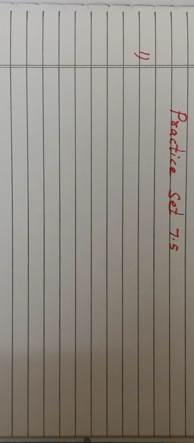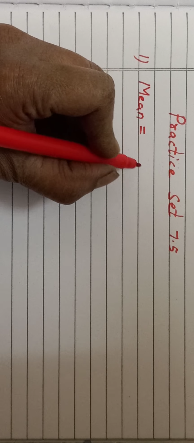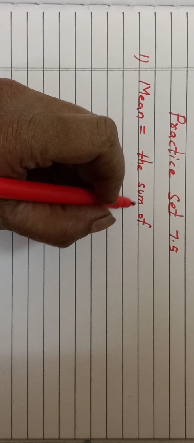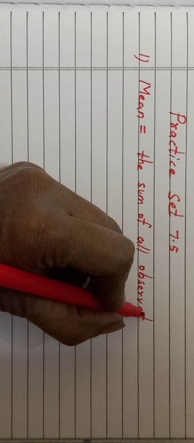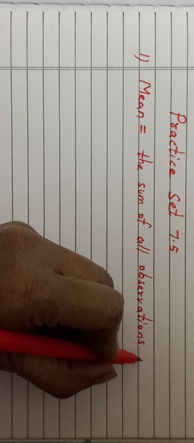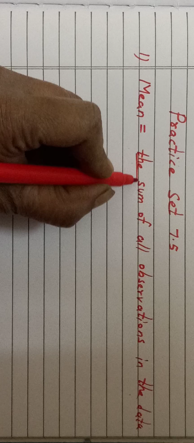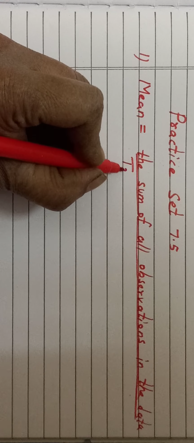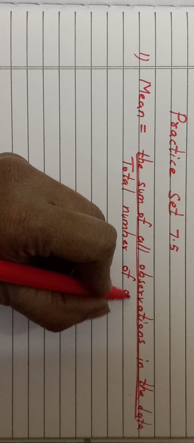So, we will first start by writing the formula. Mean is equal to the sum of all observations in the data divided by total number of observations.